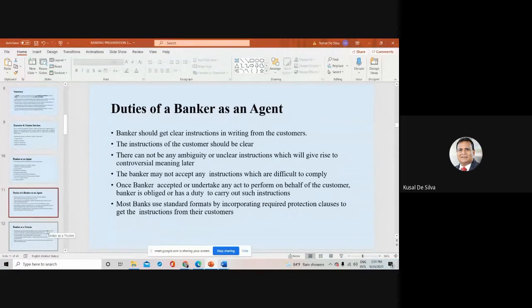Also, when you get instructions, you need to read and understand them, and also understand the liabilities that may arise from accepting that instruction or not carrying it out. That understanding should be there as a banker.